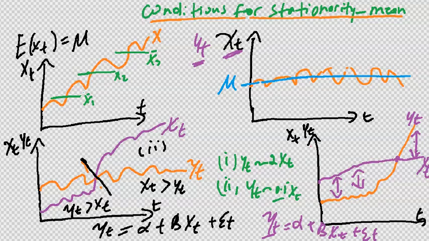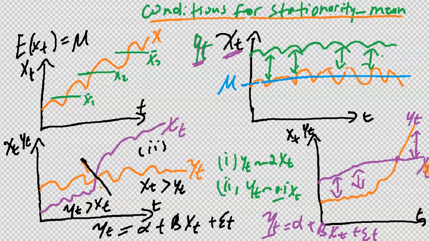So in which case is it possible? If I have my yt here, which is also moving the way it is moving, as long as the gap between my yt and my xt is constant, we can say that our equation will be stationary in terms of our mean.